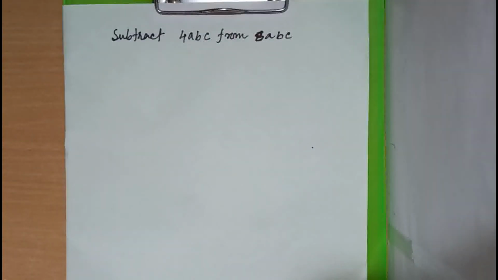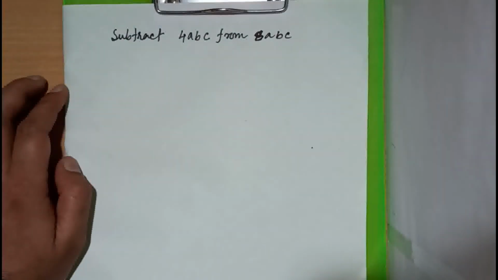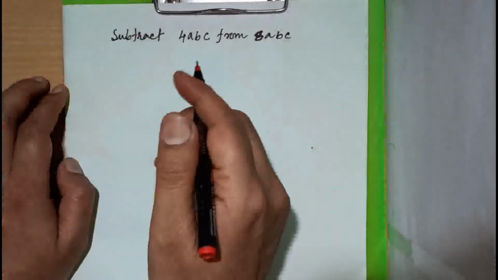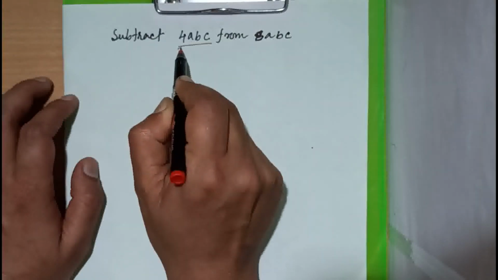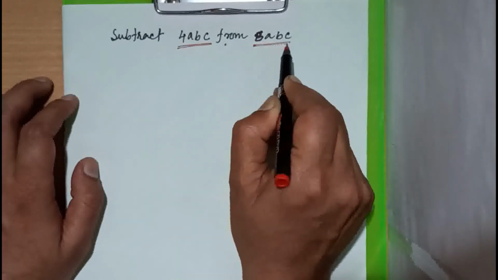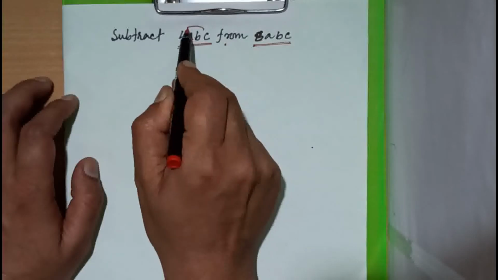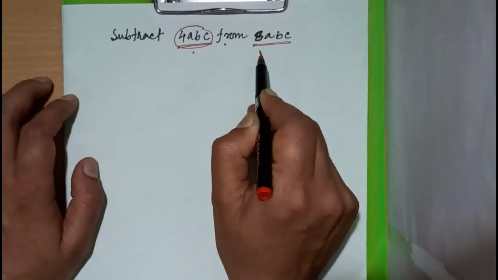So in this question you need to subtract 4abc from 8abc. That means this 4abc you will subtract from this.